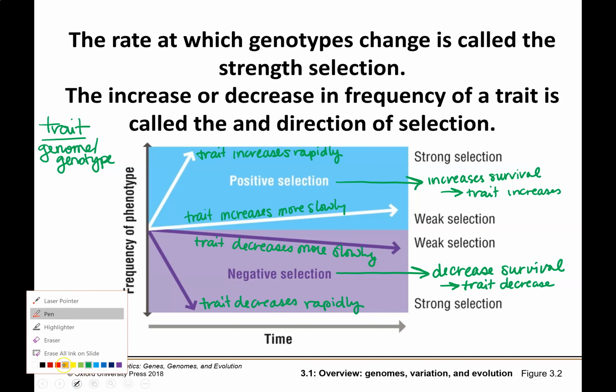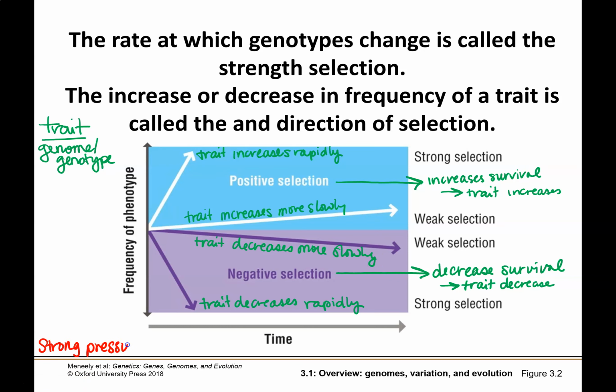So by extension, when we have strong pressures on a genome or strong pressures on a phenotype, and therefore a genotype, we get rapid changes in the genome.